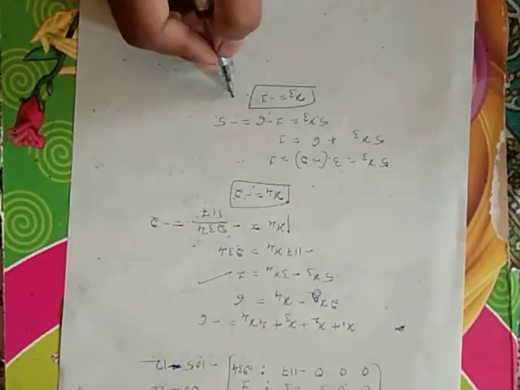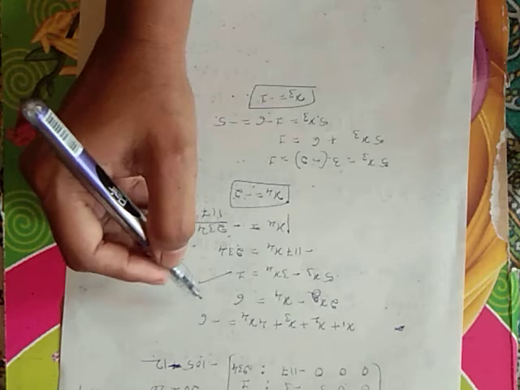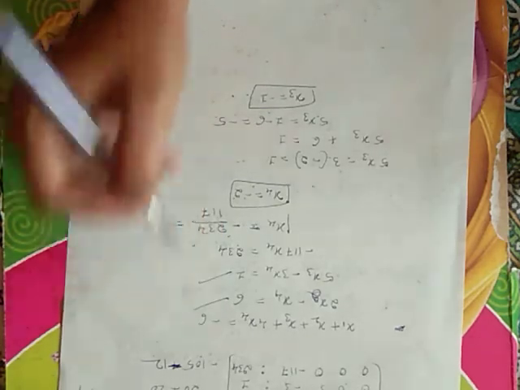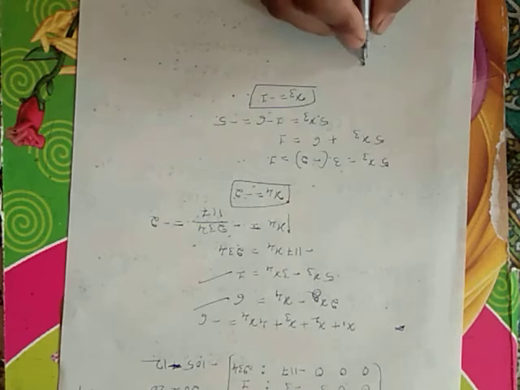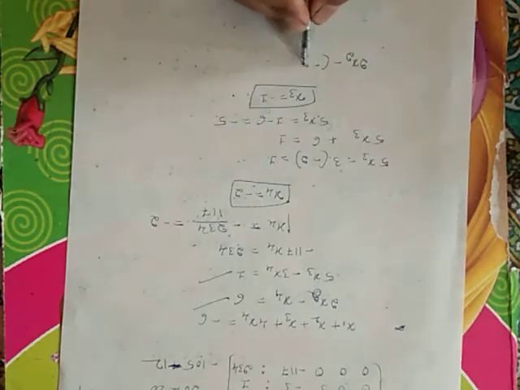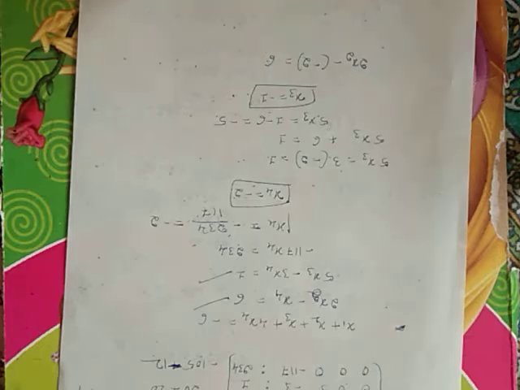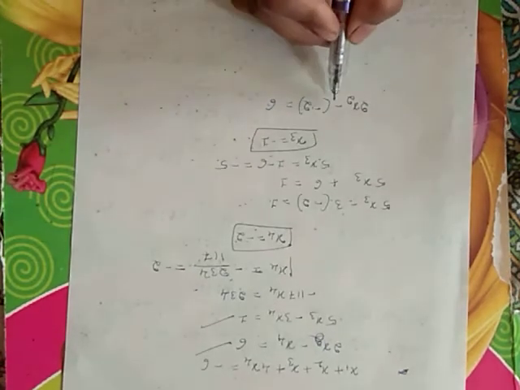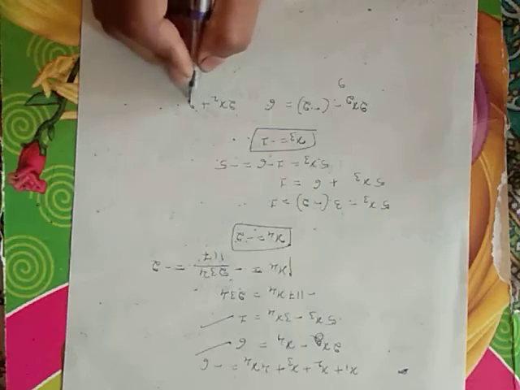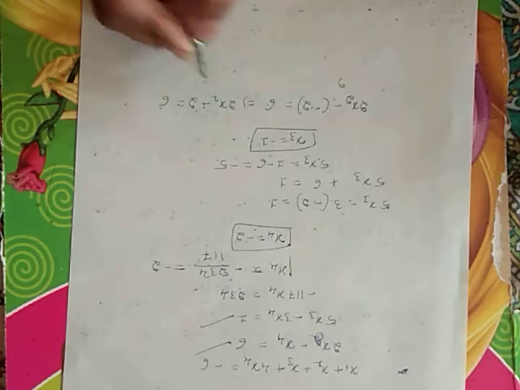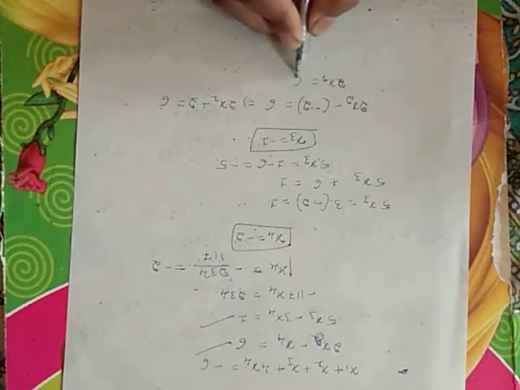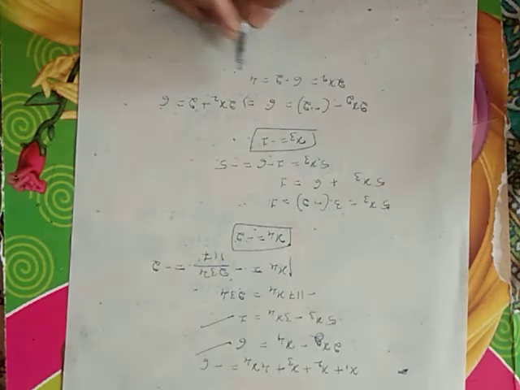Now we have to find x2. Substitute x4 here now. 2 into x2 minus x4, where x4 equal to minus 2, equal to 6. Minus of minus, plus 2. 2x2 plus 2 equal to 6. Send 2 to the RHS side. 2x2 equal to 6 minus 2, equal to 4.